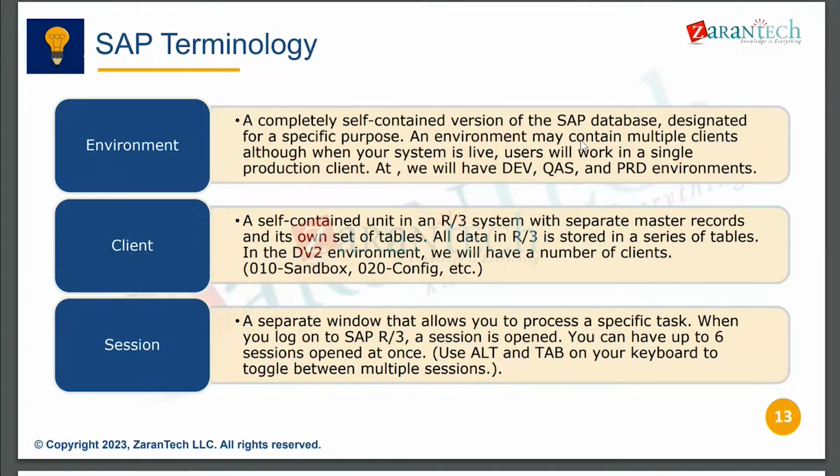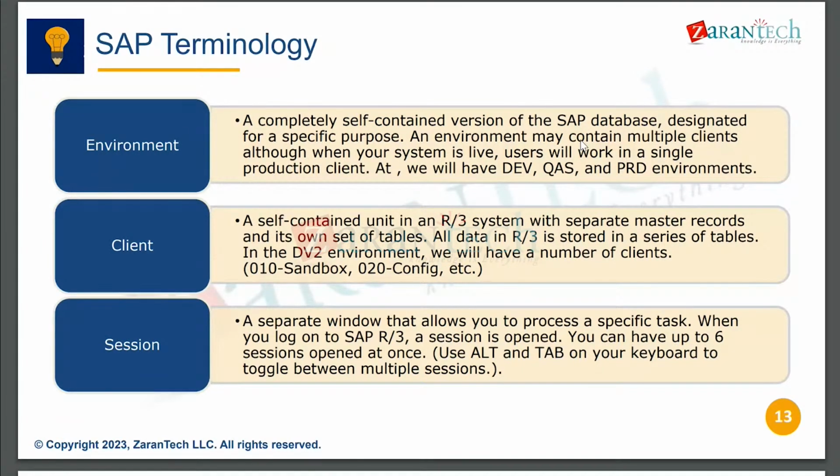Whatever configuration and developments you do, you copy to the test client and we do the testing there. Once testing is successful, the changes are moved to quality, where the actual user acceptance test happens. Once user acceptance testing is done successfully, we move that to the production environment and release it to the business. So this is the environment concept.